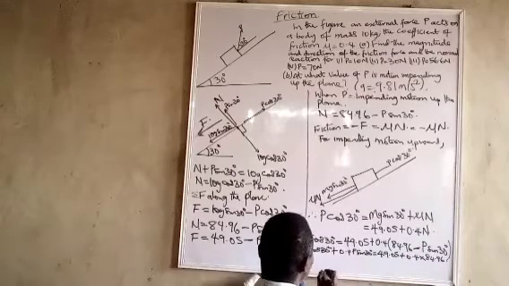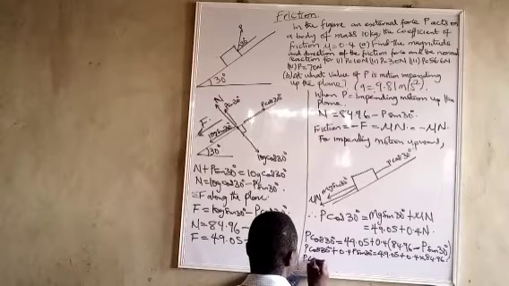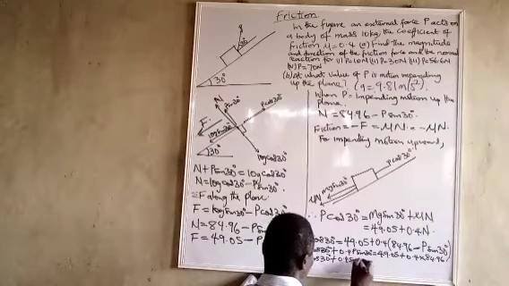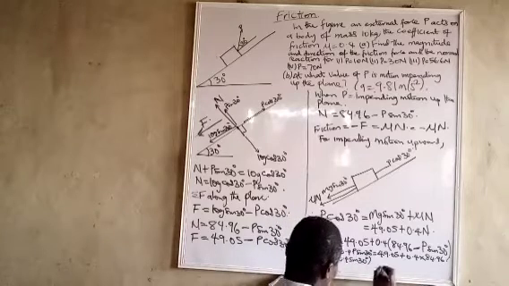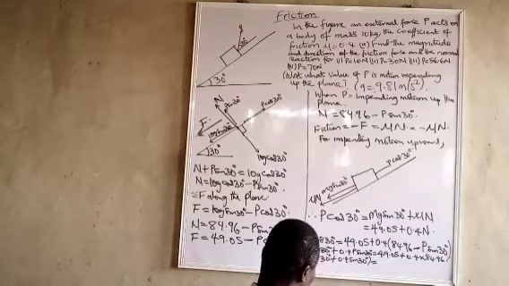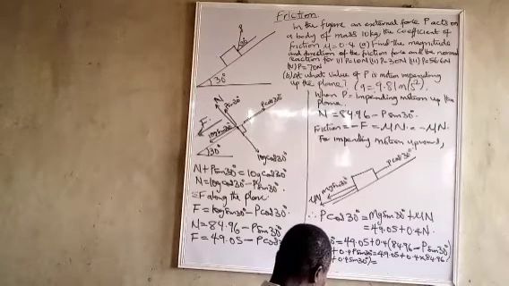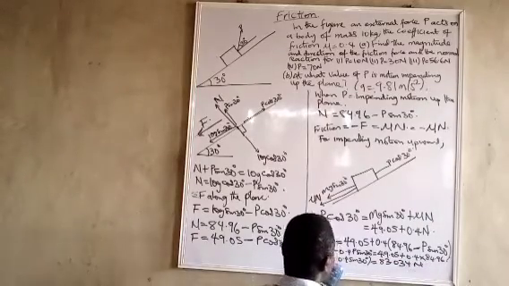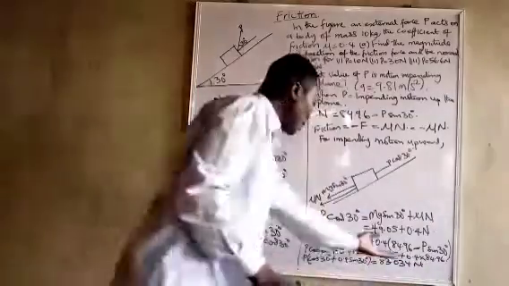So P cos 30 degrees plus 0.4 sin 30 degrees is equal to, let me use a calculator to resolve this, 83.034 Newton.